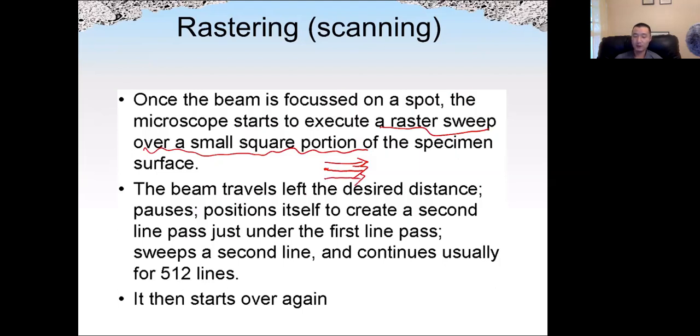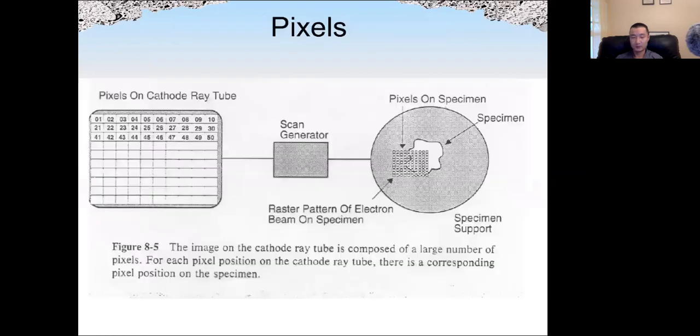Typically it continues to scan for 512 lines. Based on that, we are scanning a certain area of the sample.